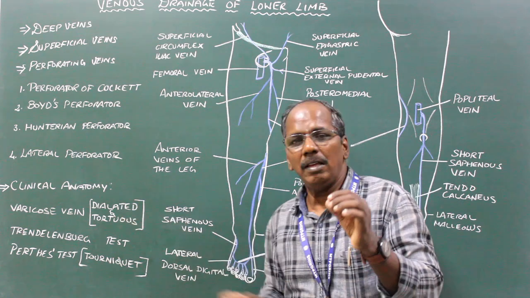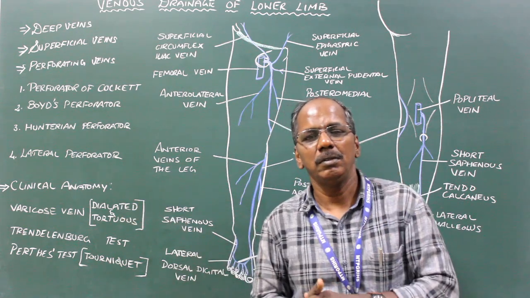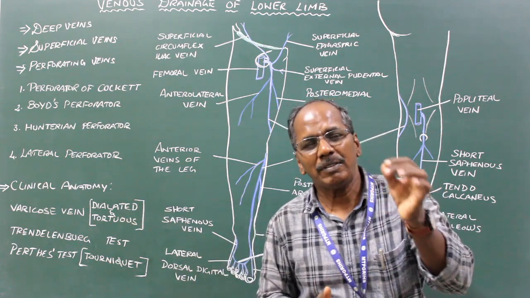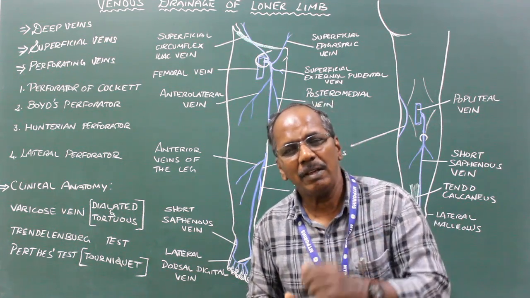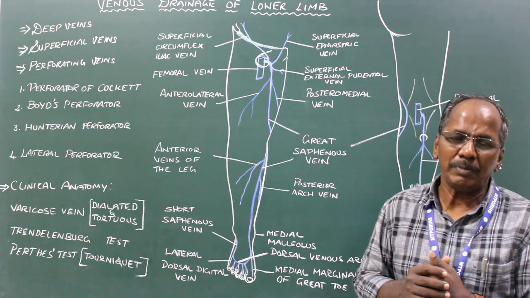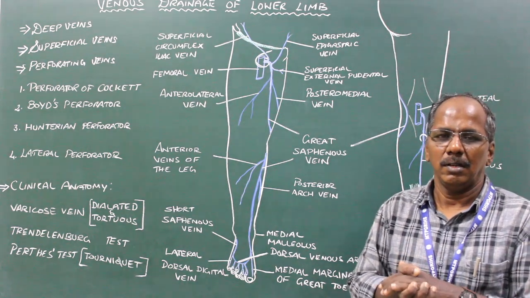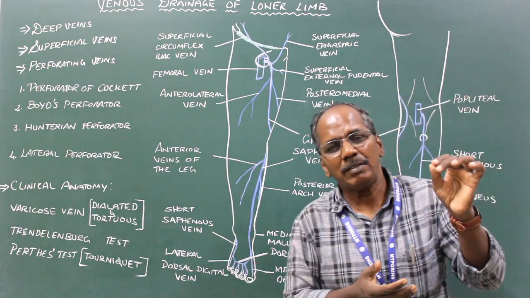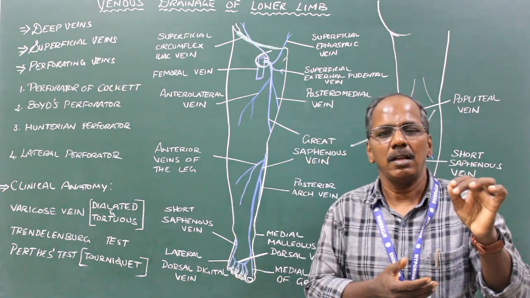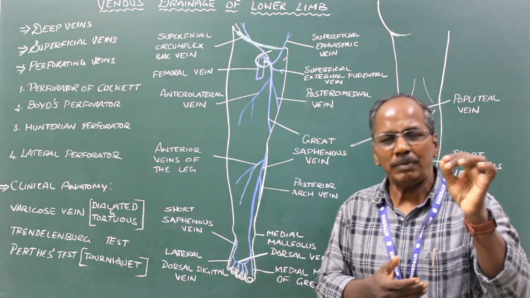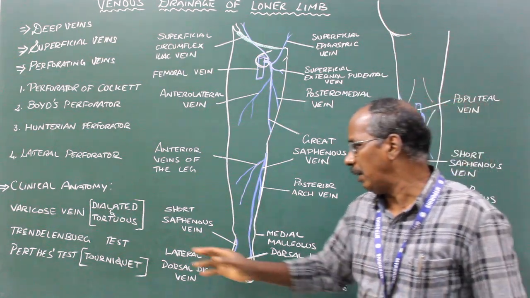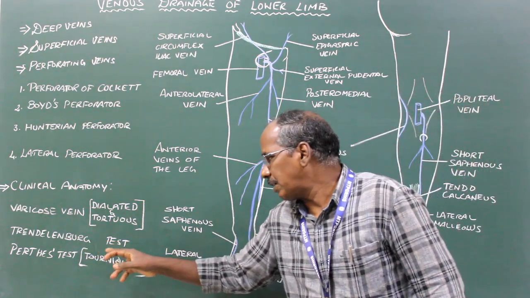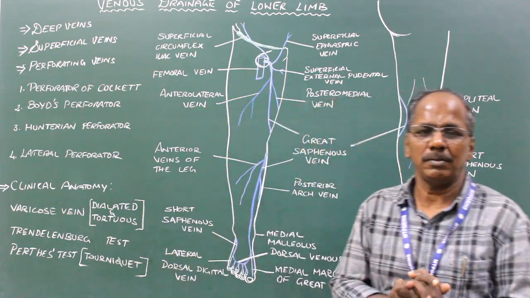The varicose veins are due to incompetency of the valves present in the superficial veins or perforator veins. The incompetency of the valves of the superficial veins, the deep veins and the perforating veins are tested by Trendelenburg's test and Perthes test.